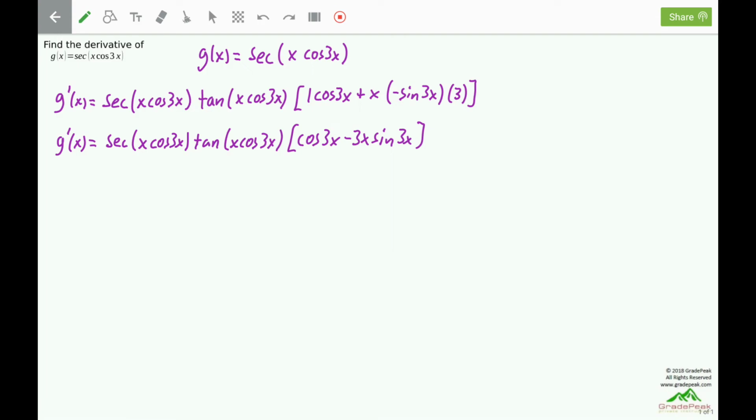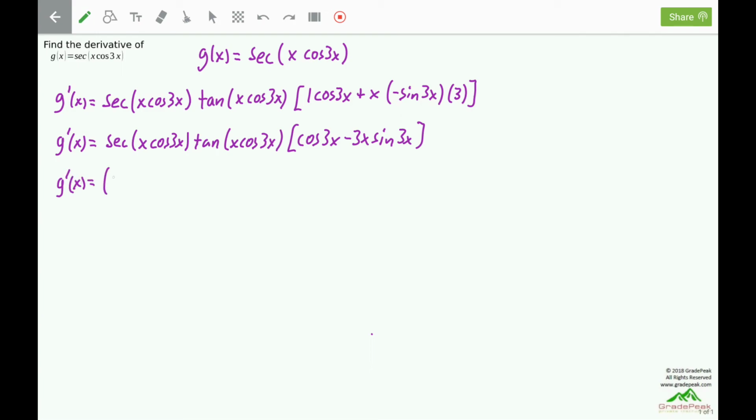Now it's customary to write the power functions and the smaller trig functions first. So technically what's in the square brackets is maybe the smaller trig functions. They're not as big as the secant and the tangent are. So those may be moved out front.